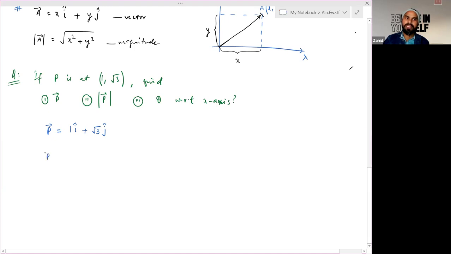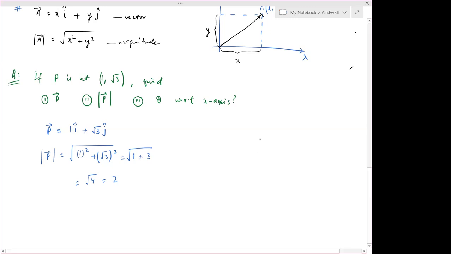Next, if you want to calculate its magnitude, it will be root of x component square plus y component square. So it will be root under 1 plus √3 squared, which is 3, so root under 4, which equals 2. Is it clear, Fawaz?